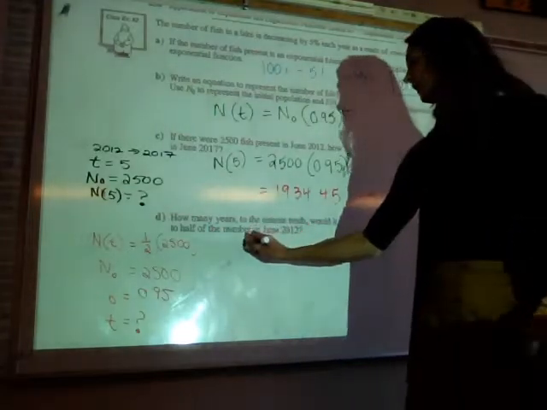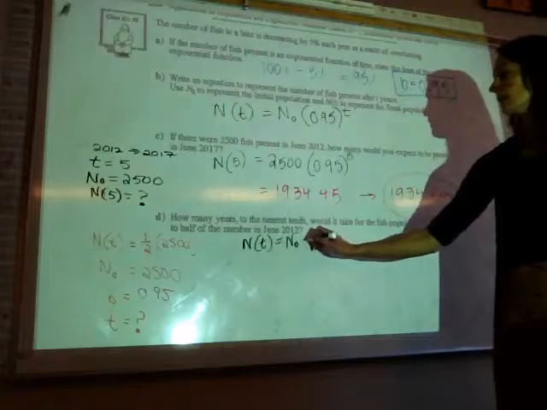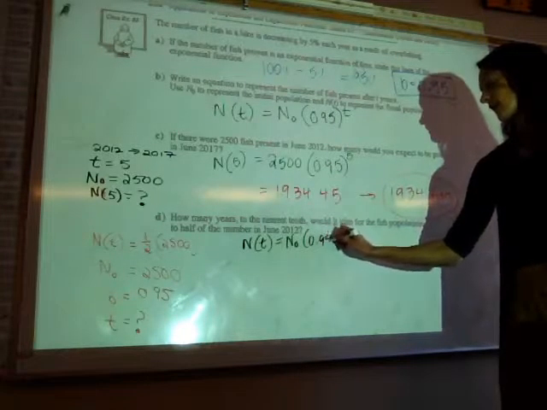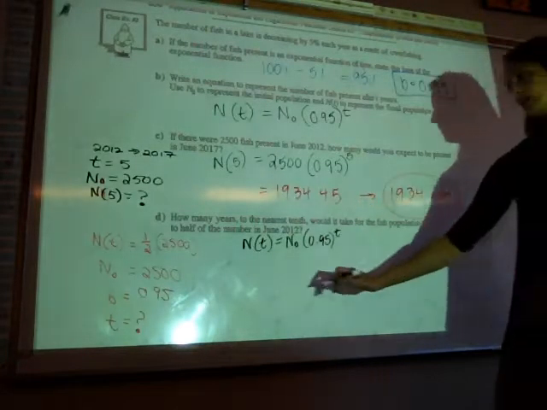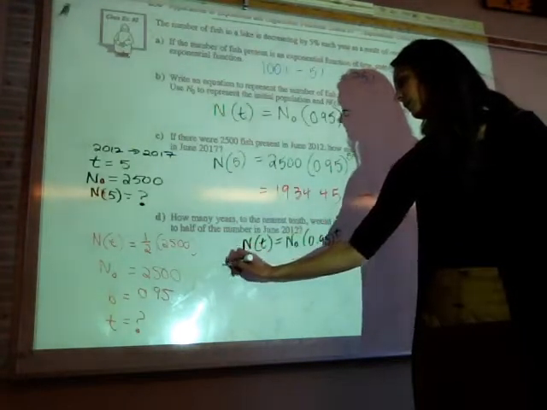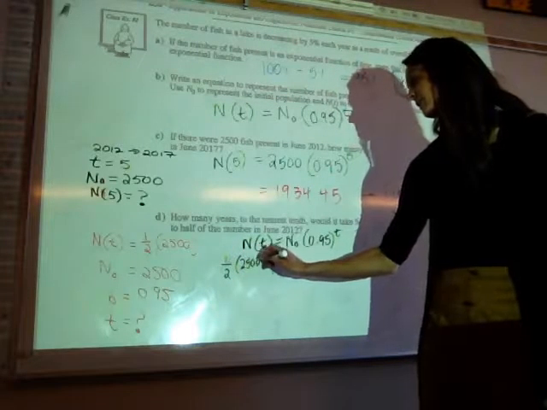So we start again with N of t equals N at 0 times 0.95 to the power of t. Let's plug in what we know. After a certain amount of time, we're going to end up with half of the original population.